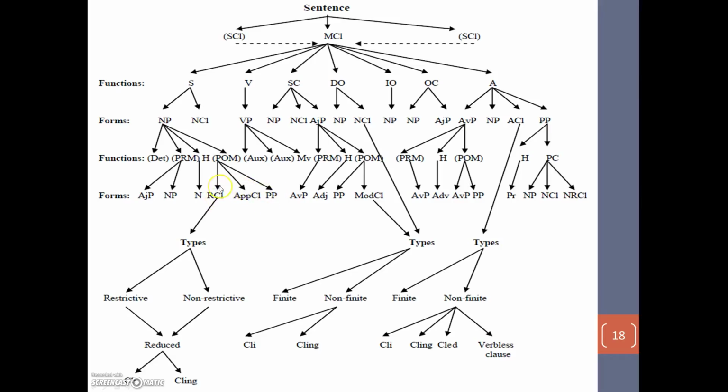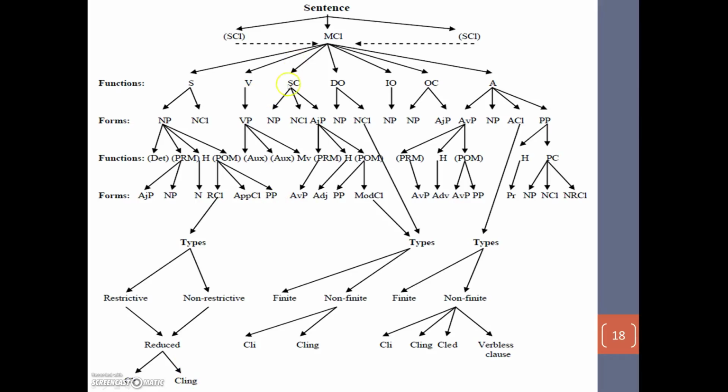And again, if we have a relative clause as a post-modifier in a noun phrase, we have two different types. They can either be restrictive or non-restrictive, and remember this is linked to the use of commas. Both of them can be reduced or non-reduced, right? If they're reduced, they can either be a clause in the infinitive or a clause with the ing participle, right? So that's how you read it.